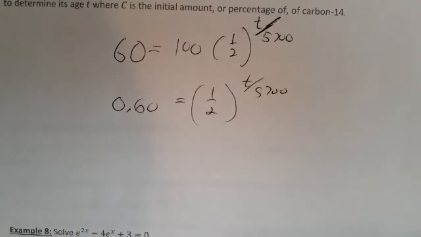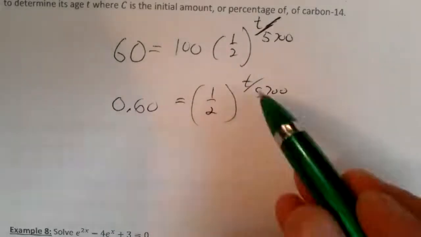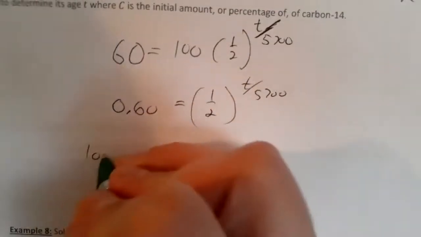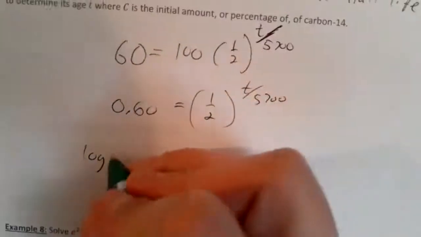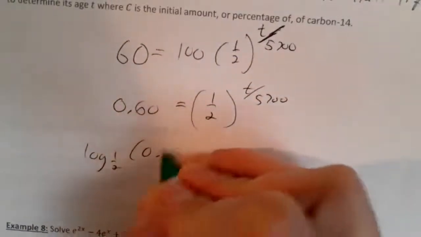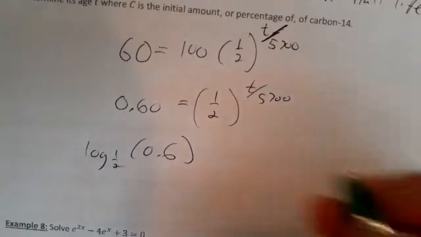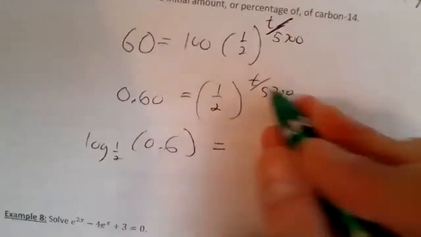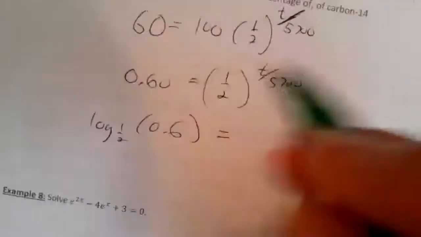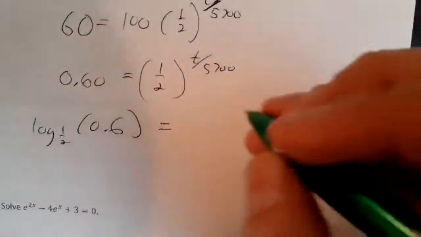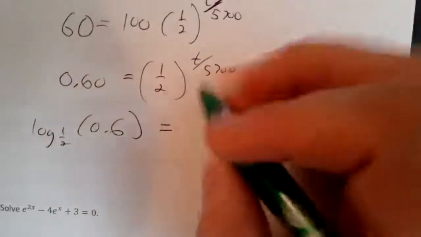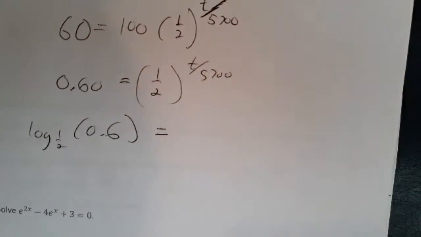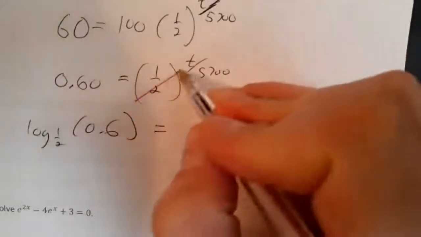And if we think about the factor by itself, now we have a base of a half. We have this exponent by itself. And so if we want to get this thing out of exponents, log base a half of 0.6, I believe, is what we're doing on that side. I don't want to write like this over and over again, so I'm going to skip a few steps, but log base a half of this side is going to simplify out this thing.